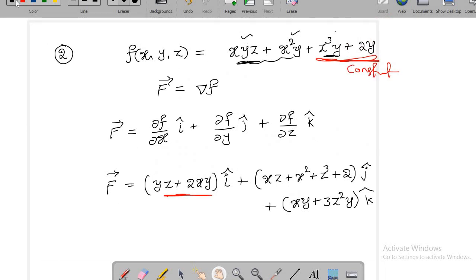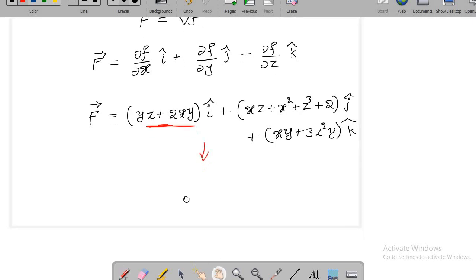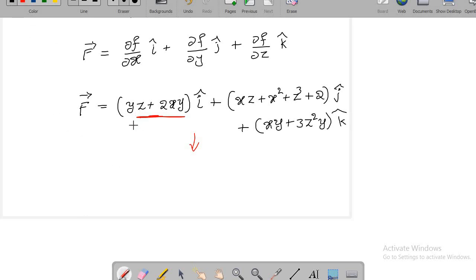Now you see we obtained f bar from f. Now let us do one thing. Let us see how to obtain small f from vector f bar. When f bar is conservative, we know this expression is equal to the derivative of small f with respect to x. Therefore, the derivative of f with respect to x is the first expression here, which is yz plus 2xy.